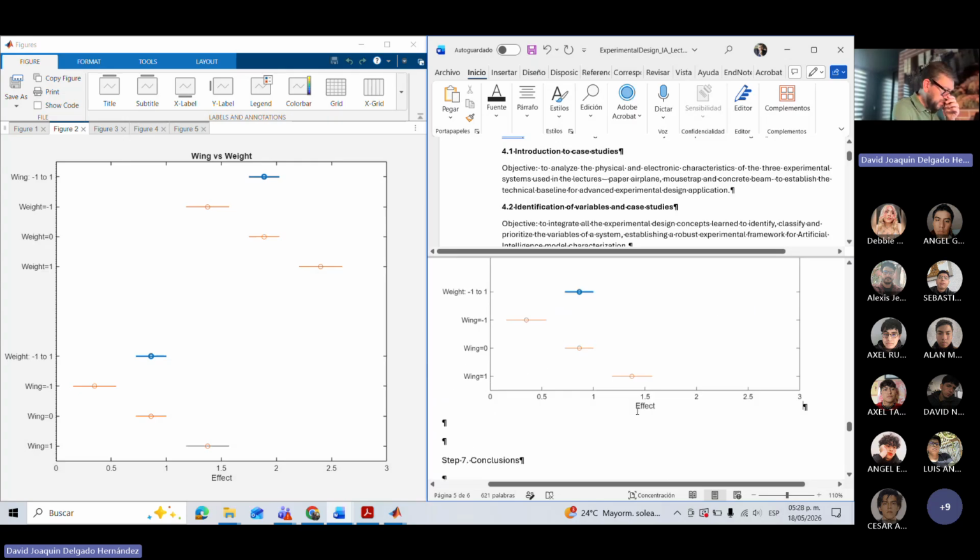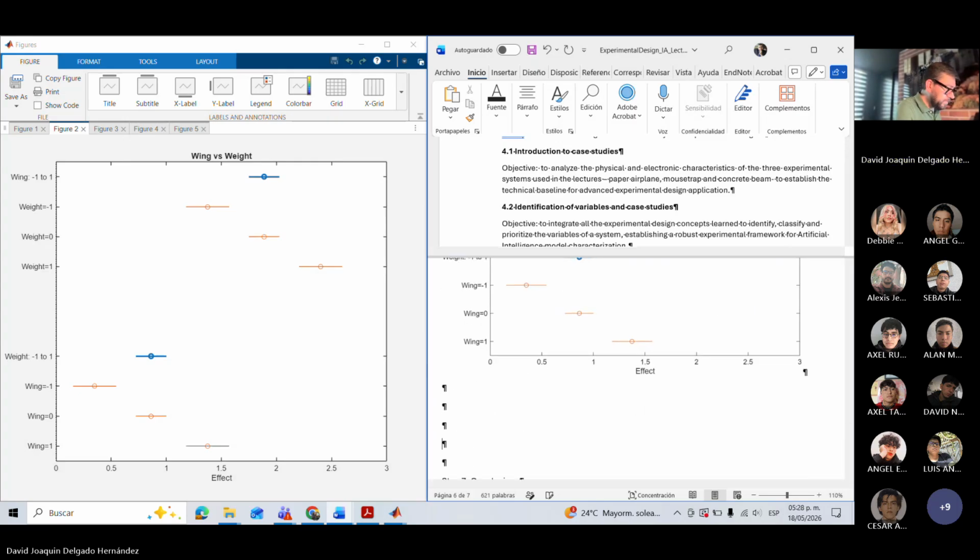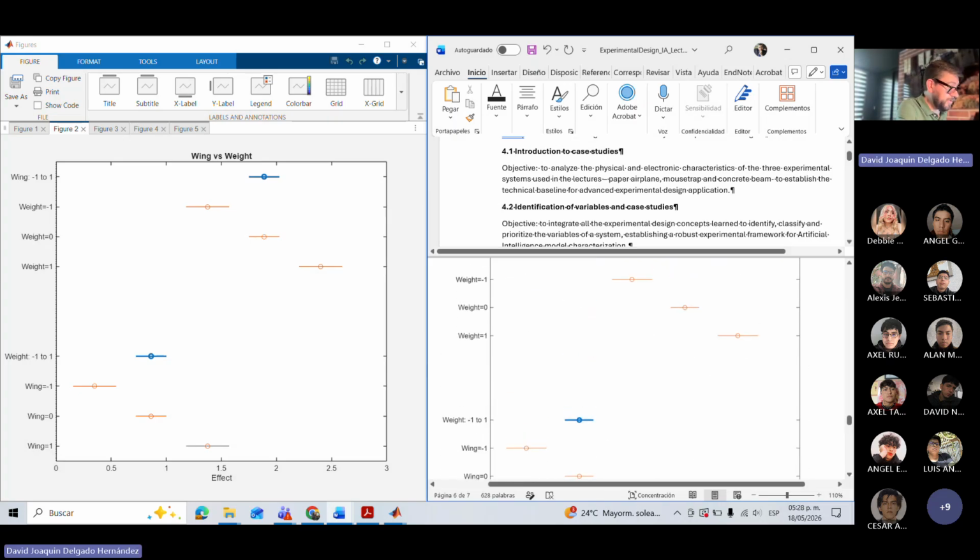Okay. So this is figure number 2. Let us enter this text, figure 2. And the name of this figure is interaction between wing versus weight. Okay, perfect. So this is figure number 2.